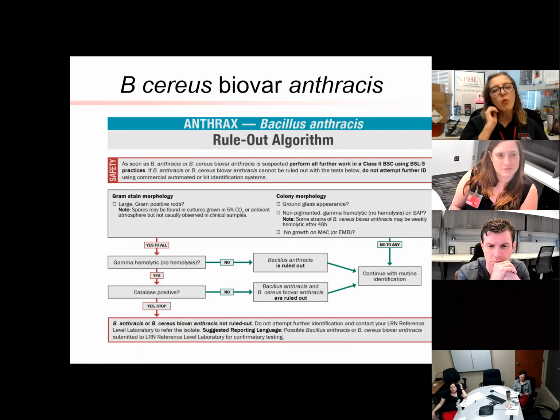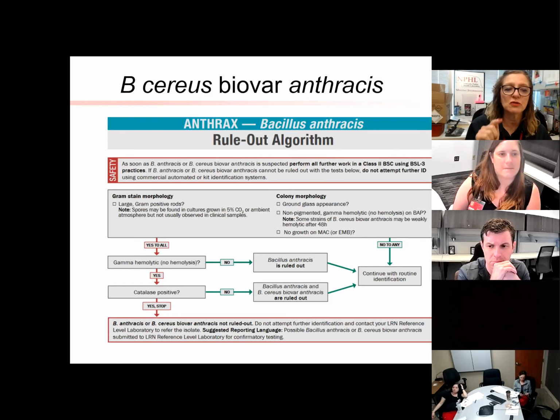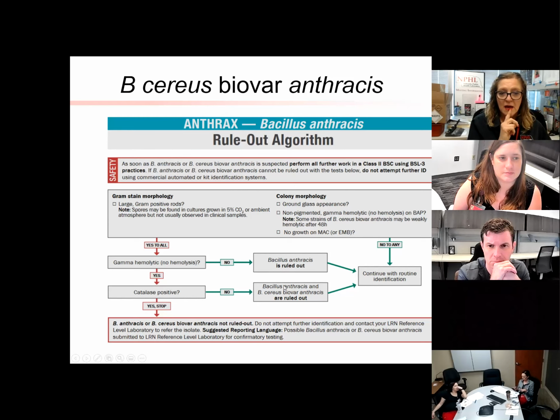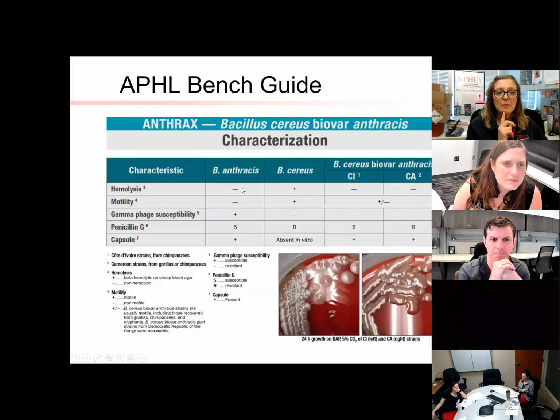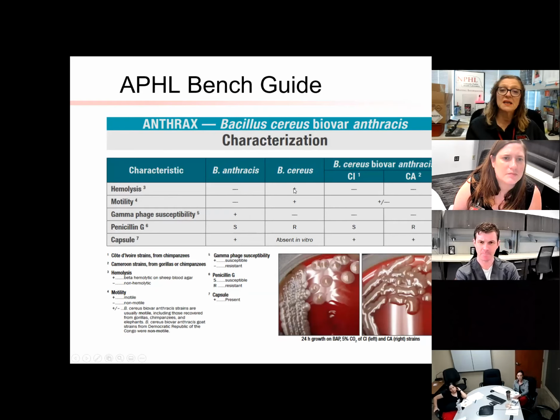And what makes this one so difficult is, if I can show you, it'd probably be better to do it this way. If you notice, hemolysis for anthrax is negative, but Bacillus cereus is positive.